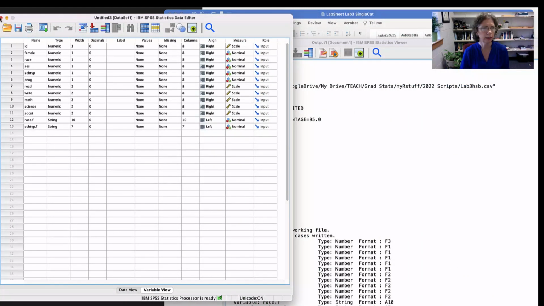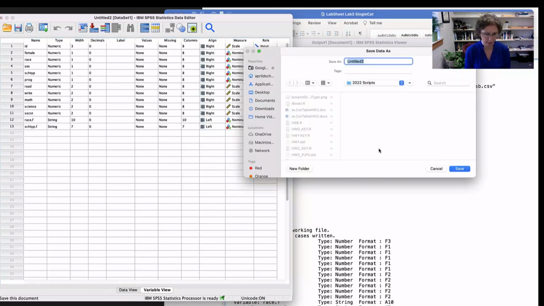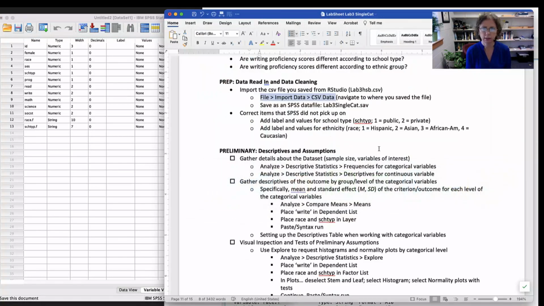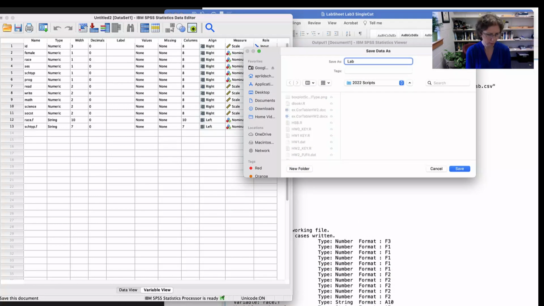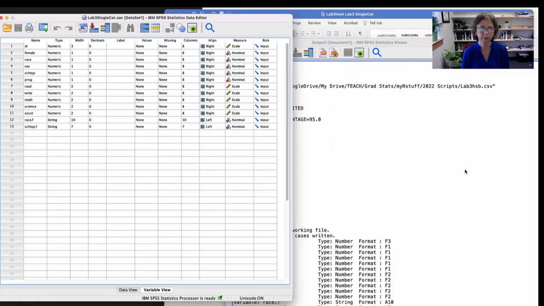We're going to go ahead and save this as, I think I said, Lab3 single cat. And it's going to save as a SAV file. So let's take a look at what we have here.